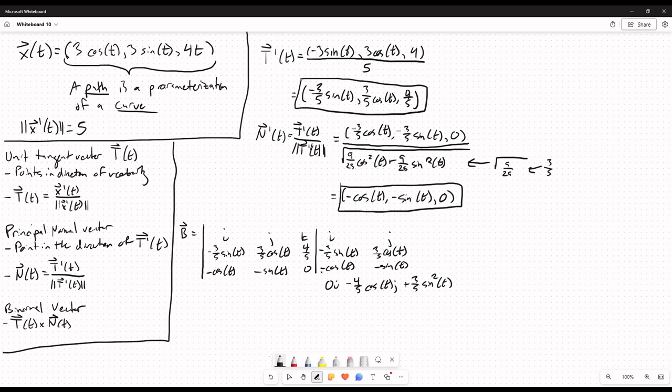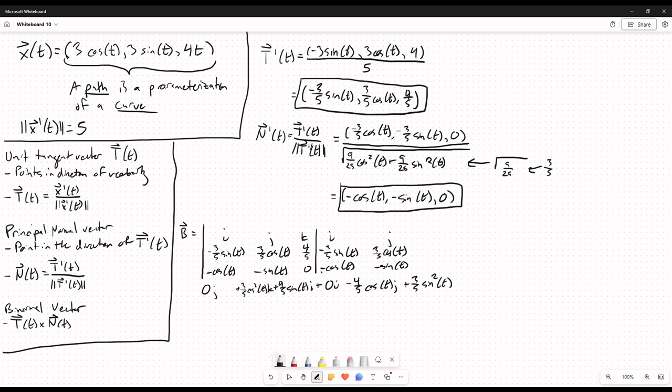Then if we go the other way, we're going to have minus 4/5 sine of t, or plus 4/5 sine of t i, plus 3/5 cosine squared t, k. And then j, that last term, is going to be 0 because we have the 0 there.